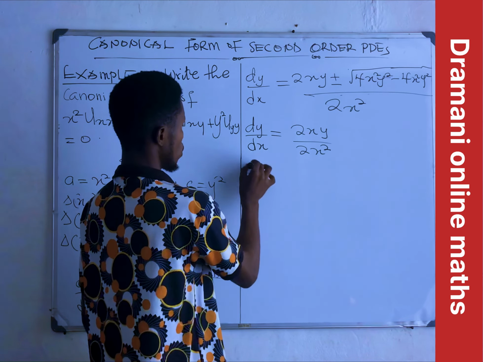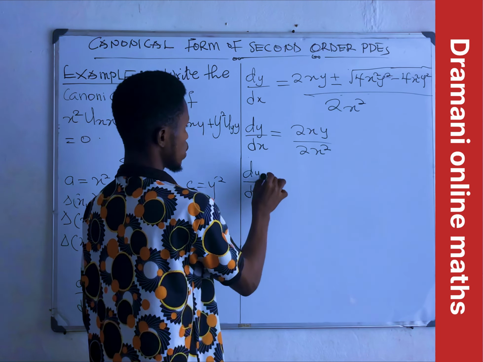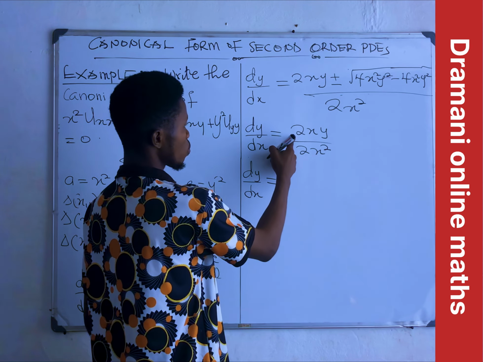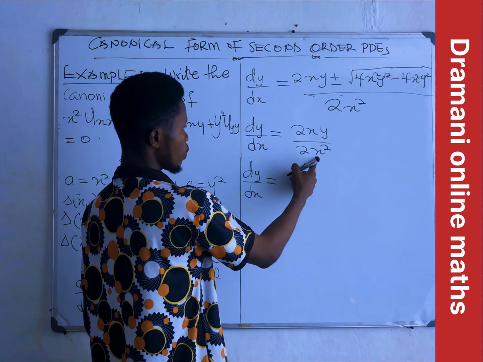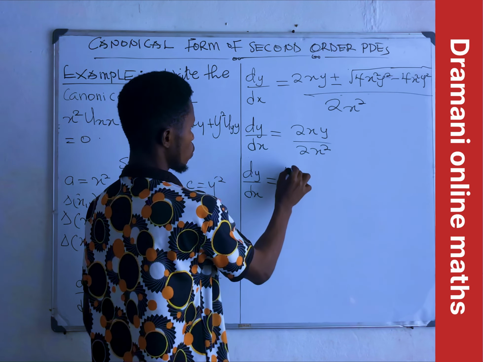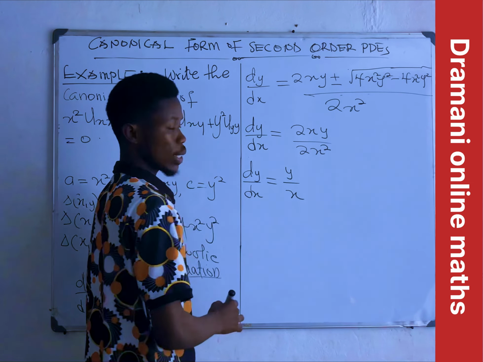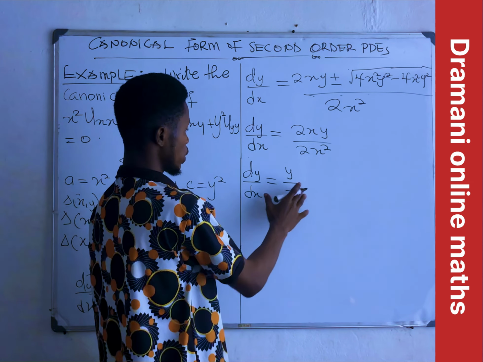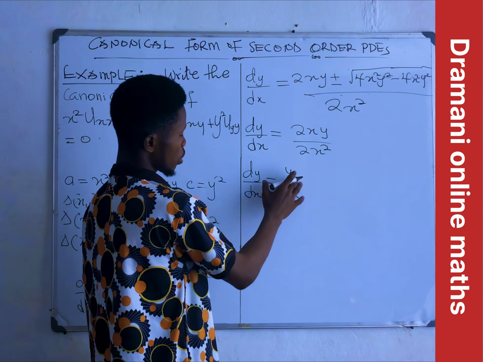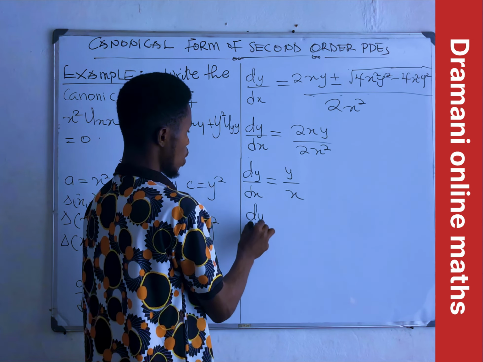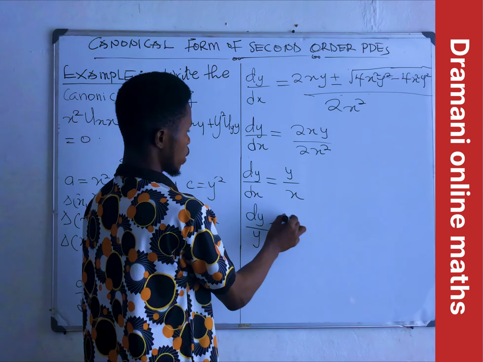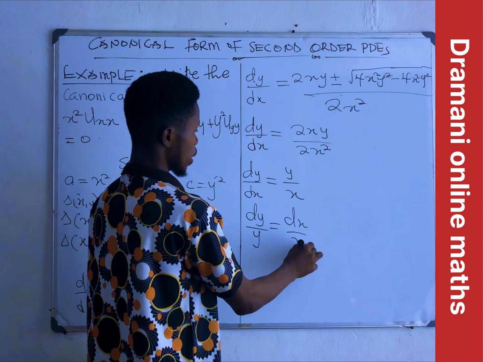Is that okay? So my dy/dx is equal to, 2 cancels 2, x goes into x, leaving 1 x. So we have y over x. Now for this case, you have to separate them. So the dy will be over y and the dx will be over x.